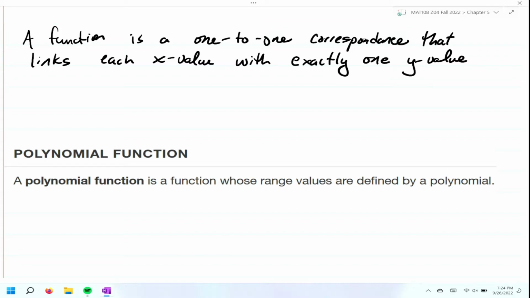All right. In other words, for every x, you get exactly one y value. That is it. Okay.